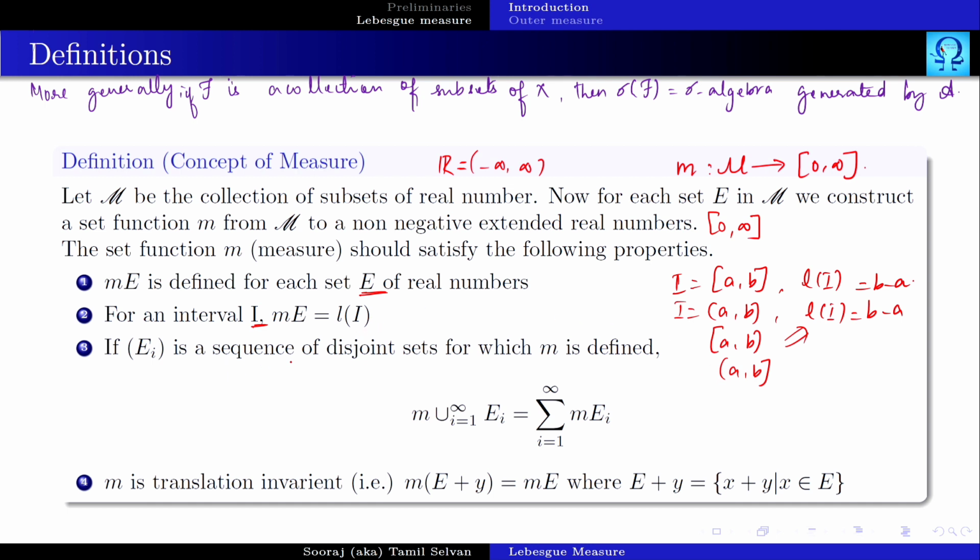And if you have a sequence of disjoint sets, then the measure of the union is the sum.